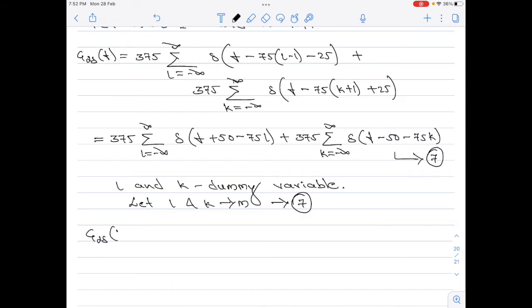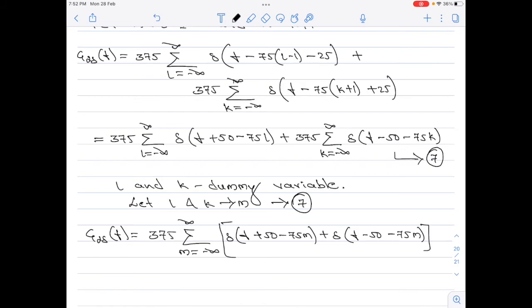G2 delta of f is equal to 375 summation. Now, since the variables L and k are replaced by m, one summation is enough and it will vary from minus infinity to plus infinity. Then we have delta of f plus 50 minus 75m, then plus delta of f minus 50 minus 75m. Let me call this equation 8.